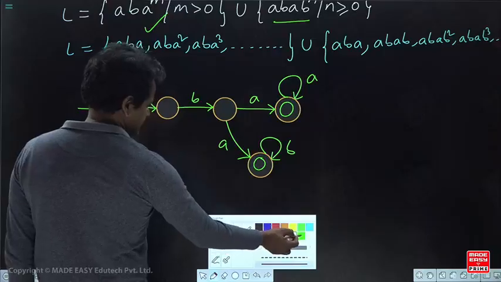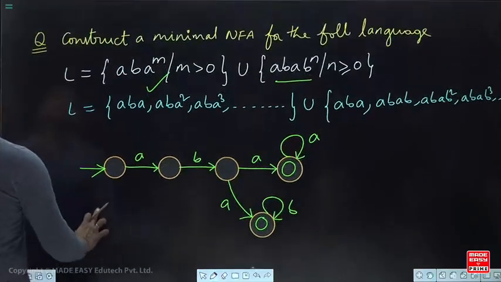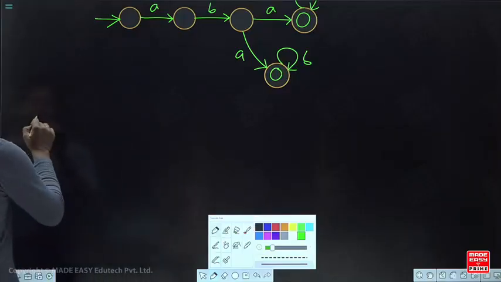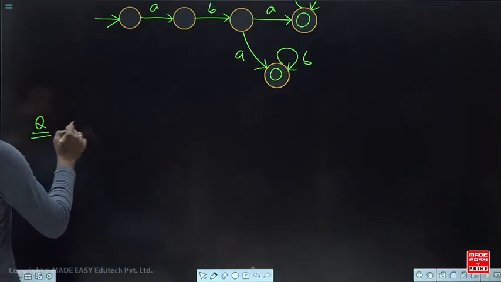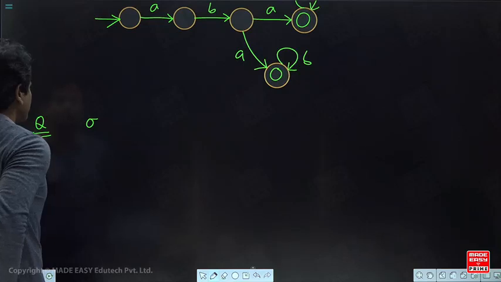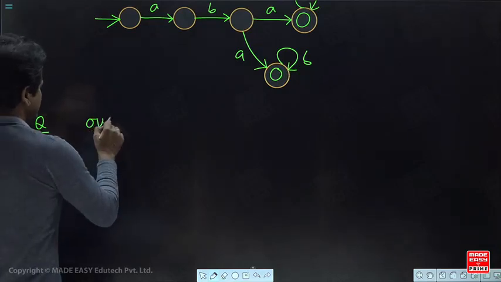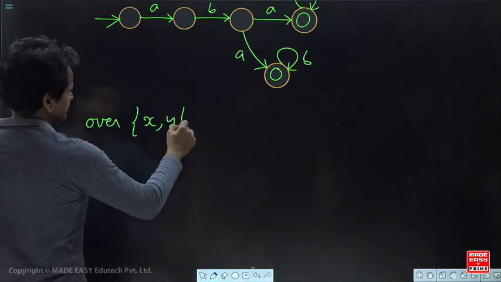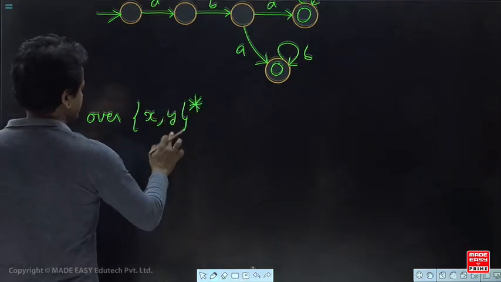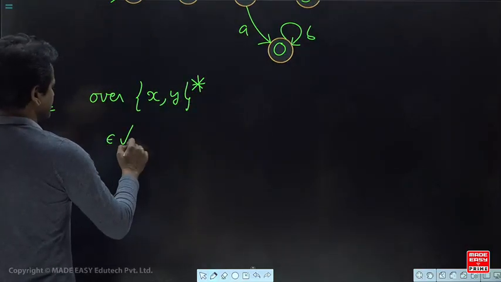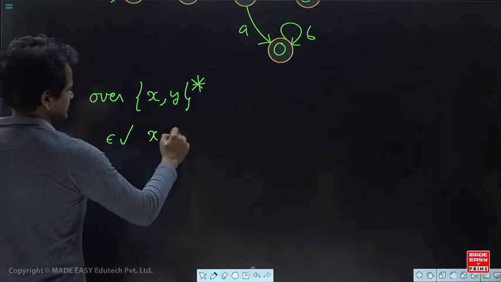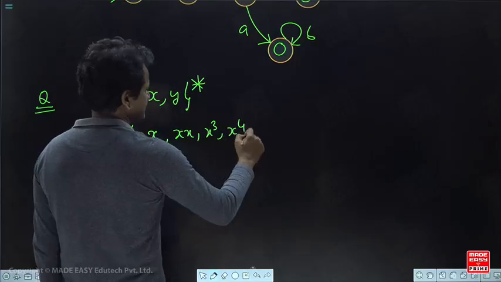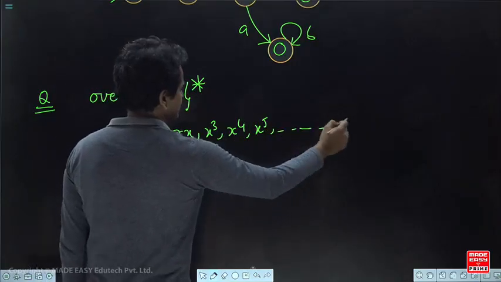Okay guys, before going to the next question, I'll give you some clarification. What is the meaning of all strings over x, y? That means epsilon, x, x square, x cube, x power 4, x power 5, and so on infinite.